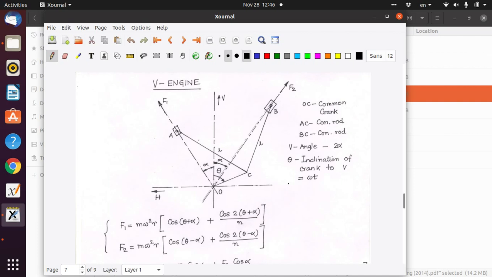The V angle is twice alpha, and this is the common crank, and the crank angle is being measured from the vertical.